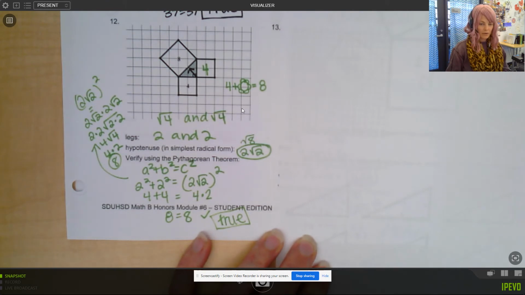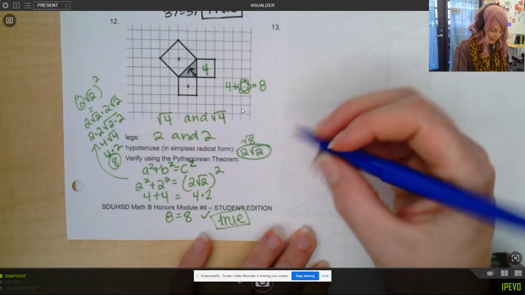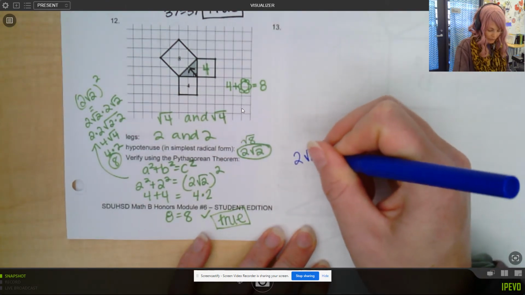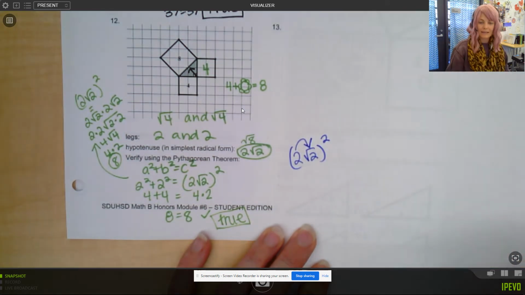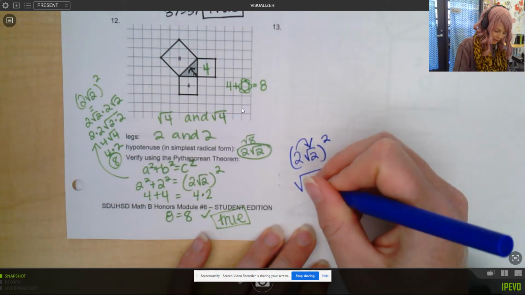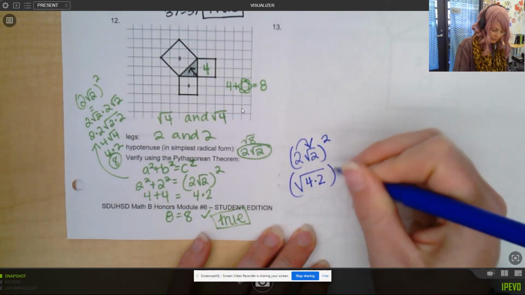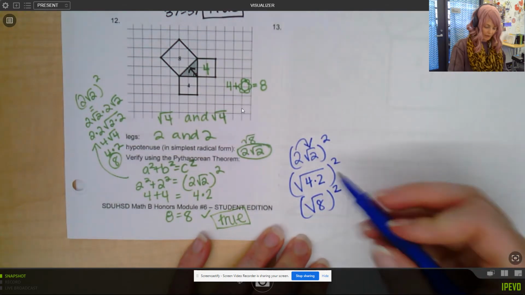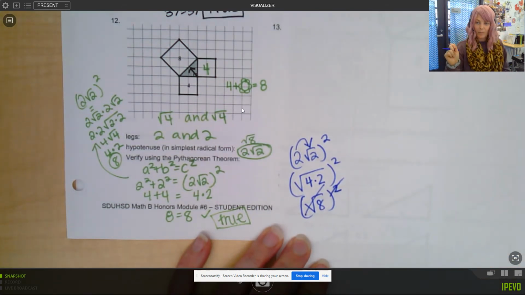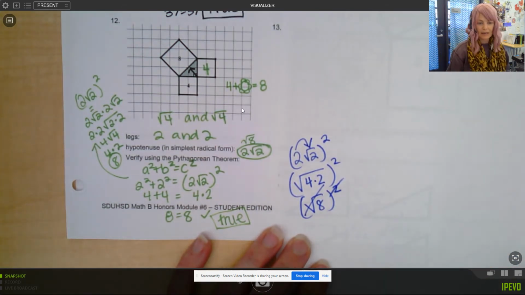You can also think about this as 2 square root 2 being squared. You can put this number back on the inside by squaring it. So this would be 4 times 2. So this is just the square root of 8 being squared, and squared and square roots are inverse operations. So that's how we can also get 8.